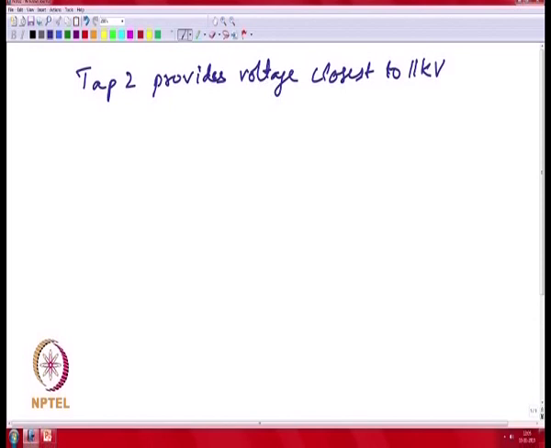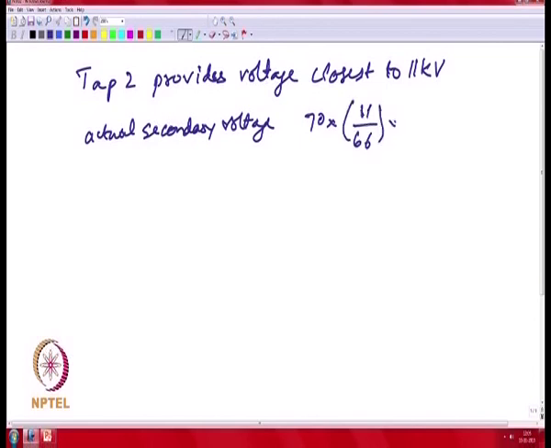So if you look at your actual secondary voltage, you have 70 into 11 by 66 into 0.94, which is the tap that has been selected.